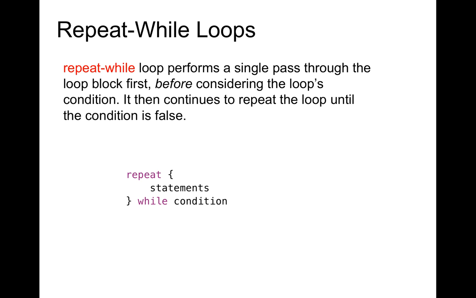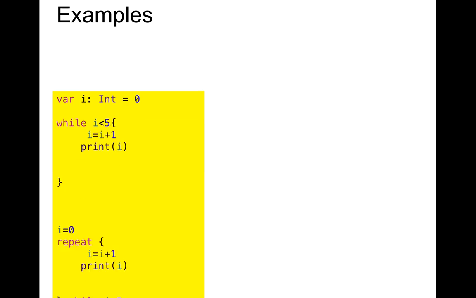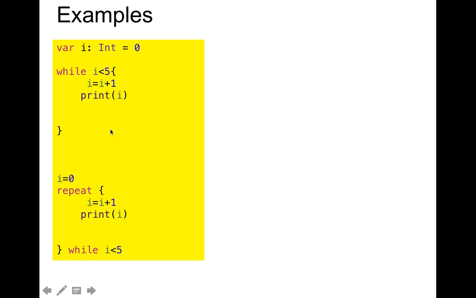Let's see two examples. We can find the difference. For example, this is while. If i equals 0, while i is less than or equal to 5, then i equals i plus 1, then print i. So this one will first do 0 plus 1, then print out 1.